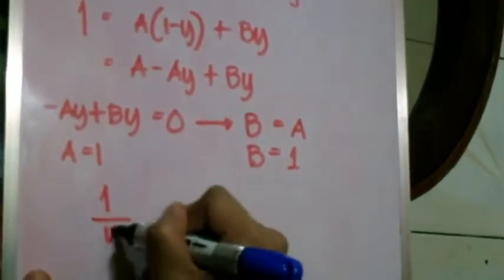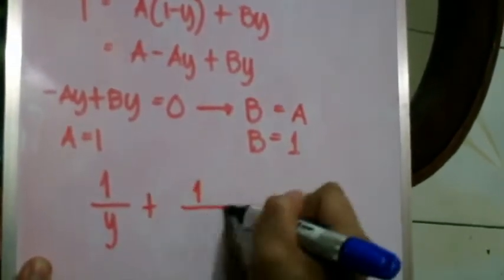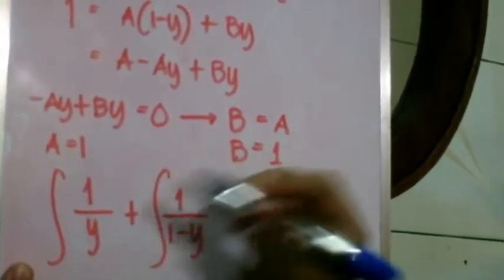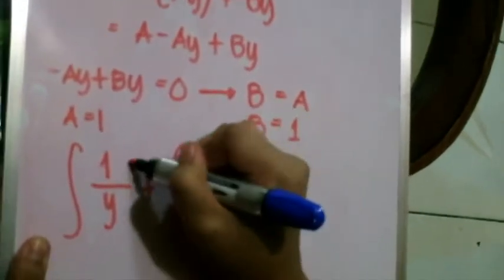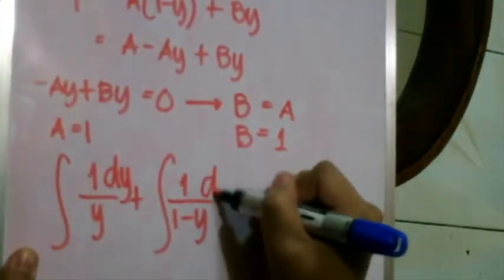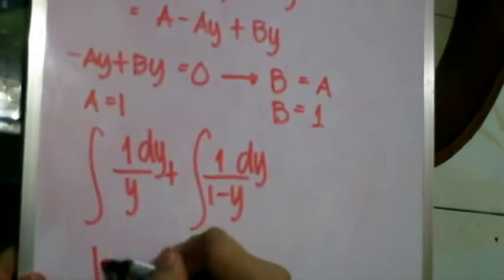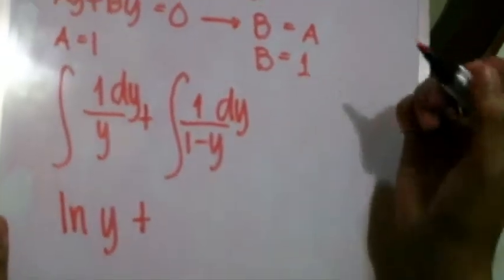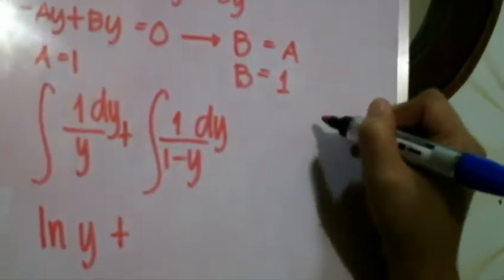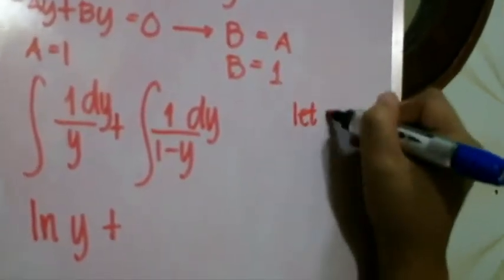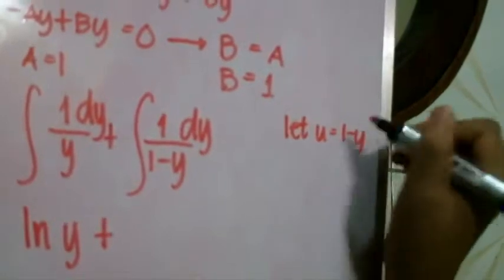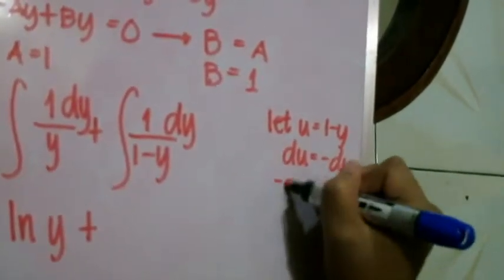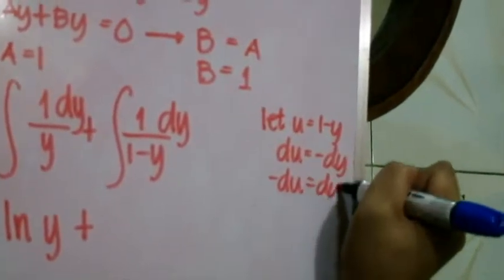So, 1 over y plus 1 over 1 minus y, integrating both terms, dy and dy, we have ln y plus, in this equation we let u is equal to 1 minus y, du is equal to negative dy, where negative du is equal to dy.